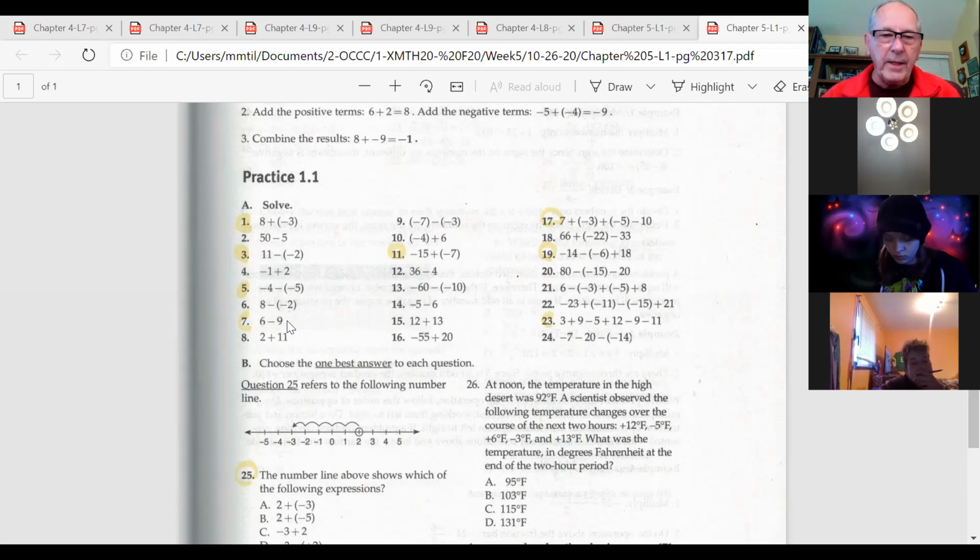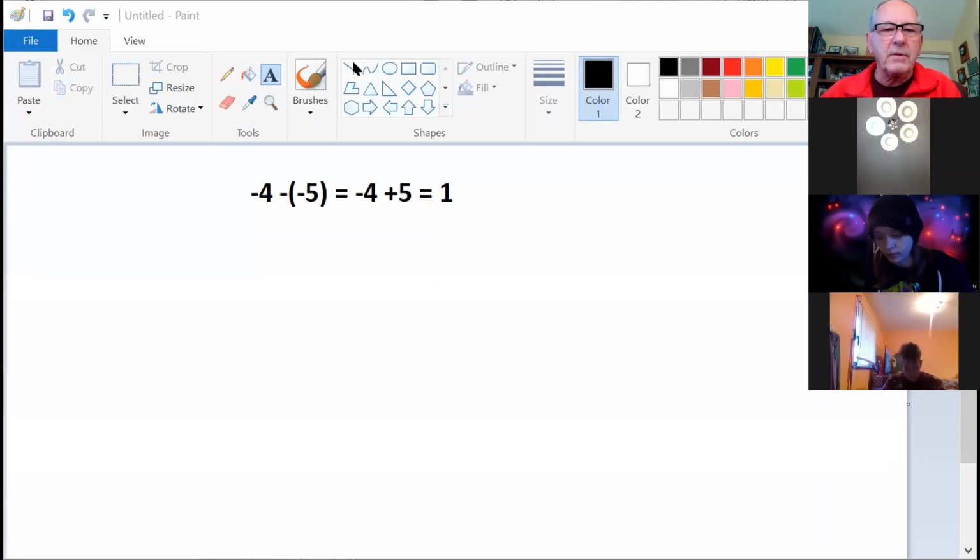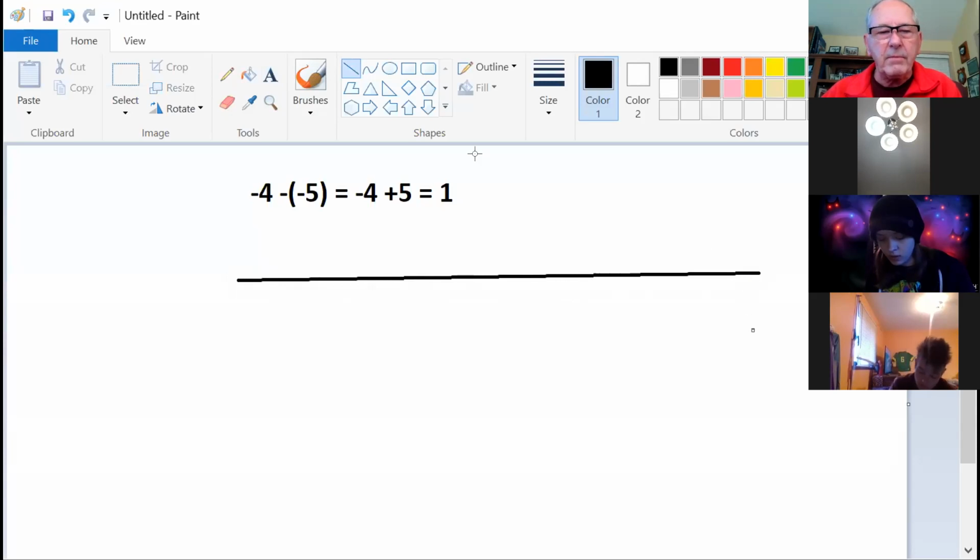If you put that on a number line, you'd go over to the right 6, then you'd go back to the left 9. You'll end up in the negative area. Does that make sense to everybody? I'm not very good at showing this because it's awkward to work with. You've got the number line, and this is 0.